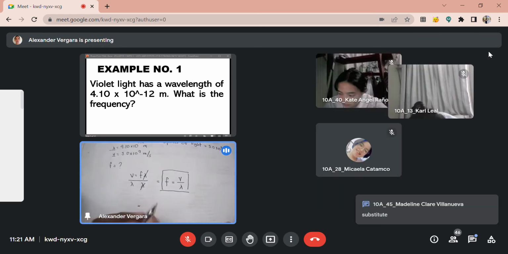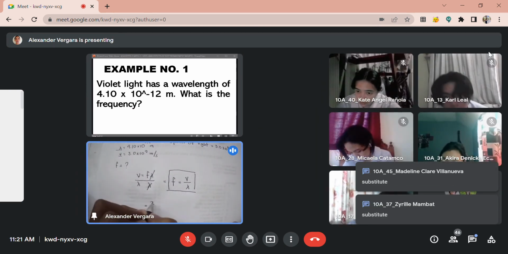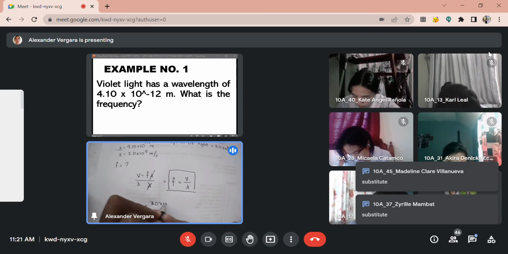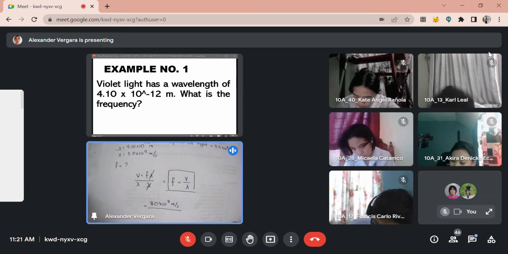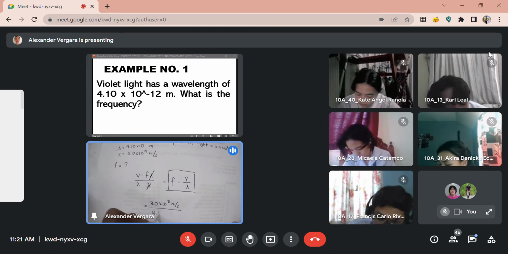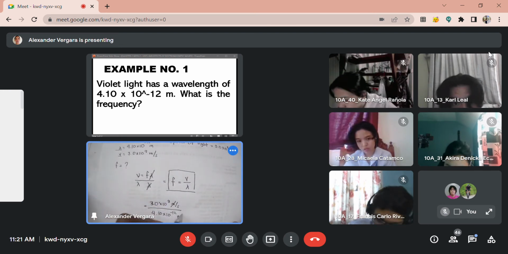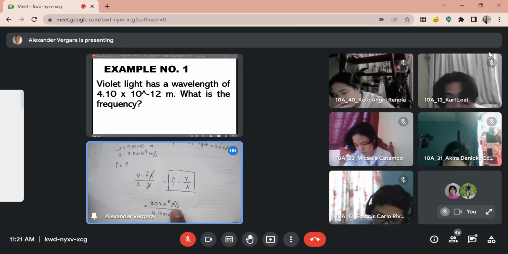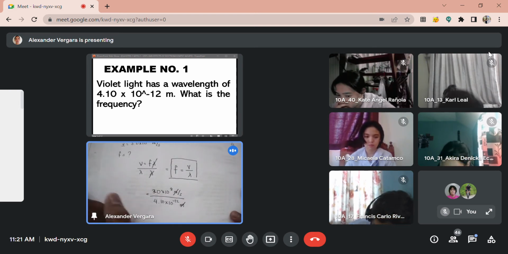So what is v? v is 3.0 times 10 raised to 8 meters per second all over your 4.10 times 10 raised to negative 12 meters. So cancel this one, then we have 1 over s. Then, what's the value for our frequency?